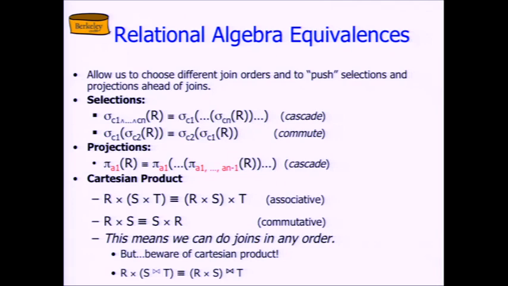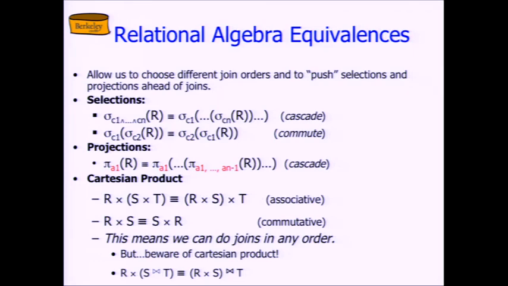Okay. Now you have to be a little careful. This is all also true for joins, because joins are just cross products with selections built into them. But you do have to be a little bit careful. So now, let's look at this example at the bottom of the slide. We have R cross a join. Let's say it's a natural join.